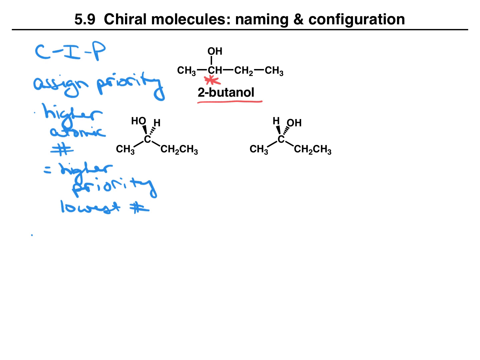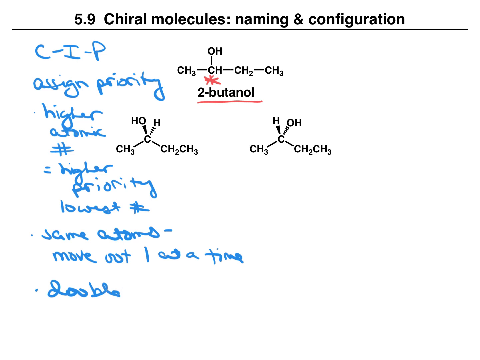If you have 2 points where you have the same atoms, move out 1 atom at a time. And if you have double bonds, they count twice. So let's assign priority to the groups connected here.